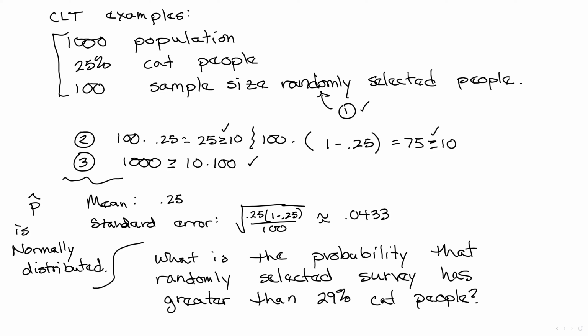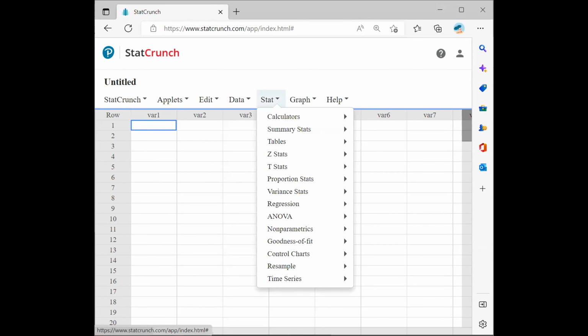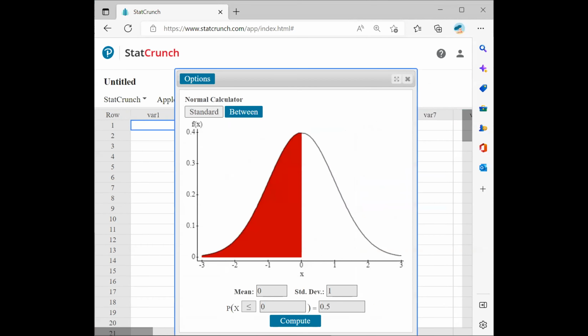Break out StatCrunch. Once you've got StatCrunch out, we just want to do the same stuff we did for the normal distribution, but now we're applying it in the context of surveys. To do that, you first want to go to Stat, then Calculator, then Normal. Boom, this pops up. Can I move it? Nope.